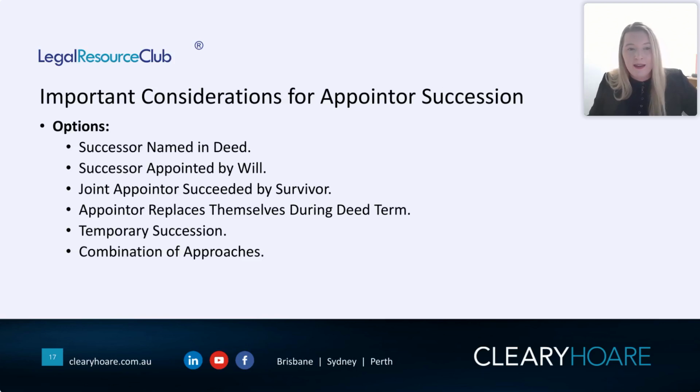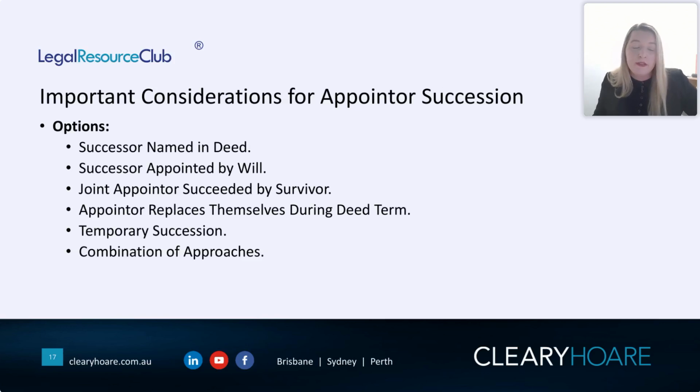Another way, if you do have joint principals or appointors, you will normally want to specify that if one of them passes away or becomes incapacitated, that you've got the survivors or the survivor that can carry on without that person. You may also have temporary succession.